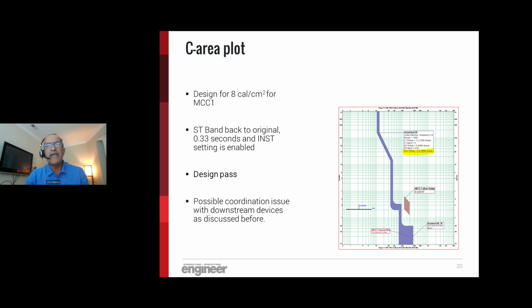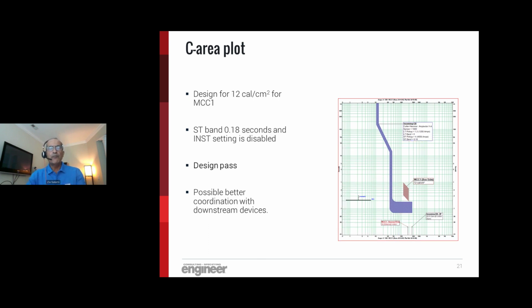Now, the only issue that we may have is that we may have miscoordination, or some coordination difficulty and challenge with downstream devices. Let's go to the next slide. Now, we're planning to change our design from 8 to 12. It's kind of sacrificing between either the coordination, arc flash, incident energy calculation.